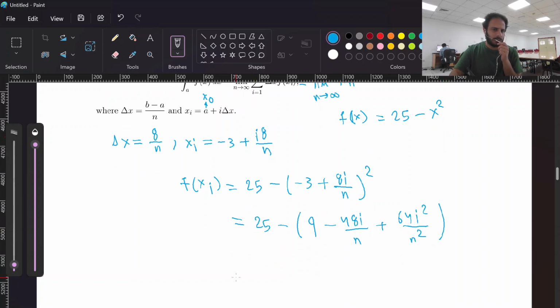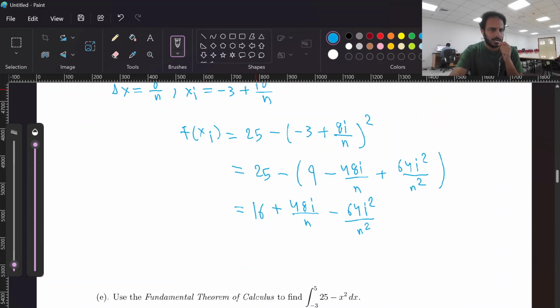Next simplify more. You have 25 minus 9, 16. Then minus minus 48i, it's positive 48i over n. Then minus 64i squared over n squared.